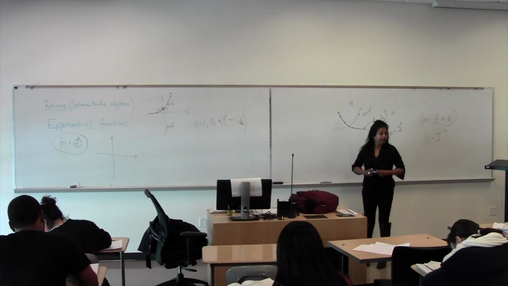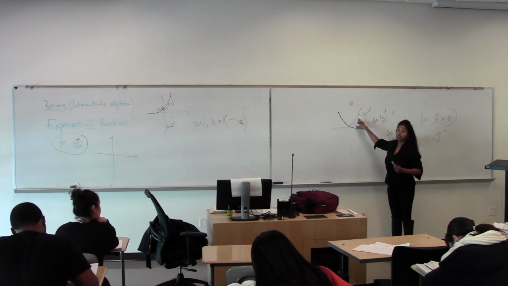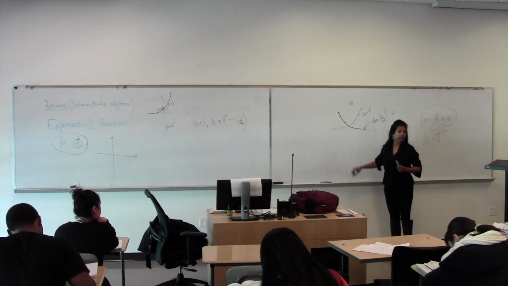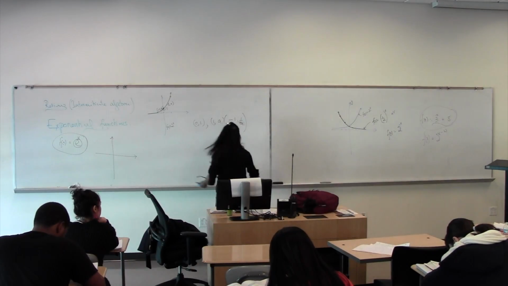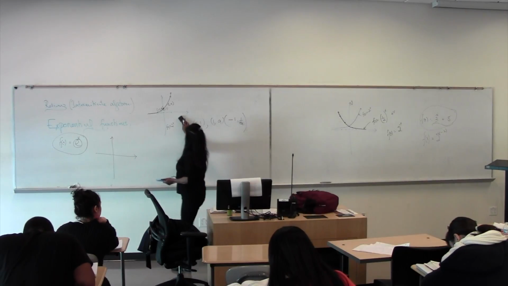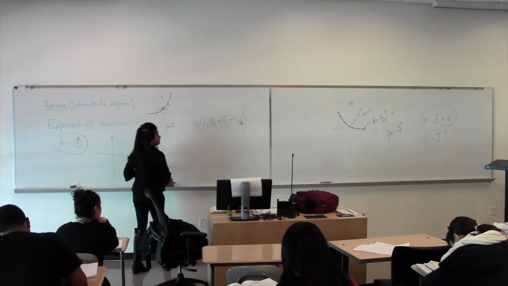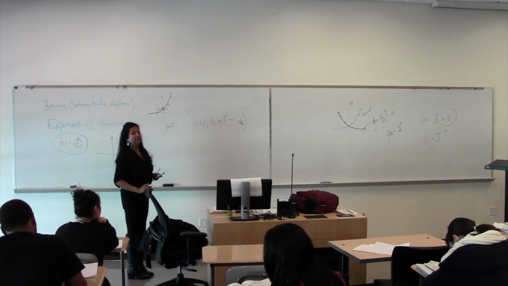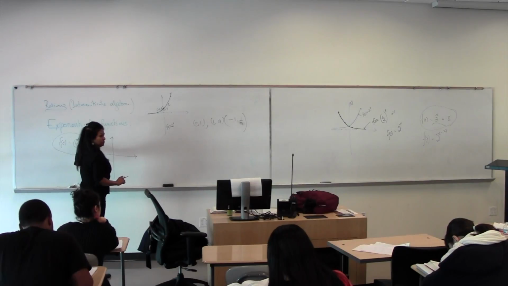Okay? So here the 2 graphs are what? One is an increasing function, the other one is decreasing. So what are you expecting here? E to the x, increasing or decreasing? Increasing. Very good, right? Because this is e to the x, and x is positive here.